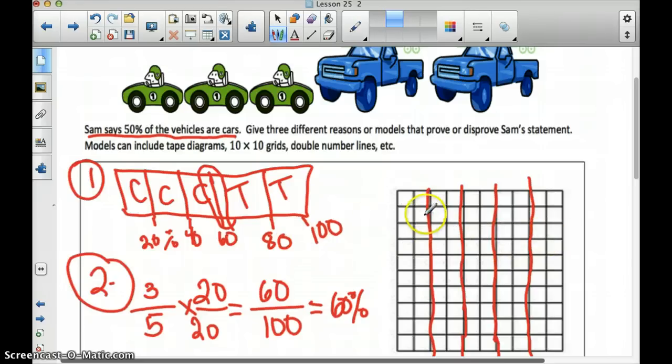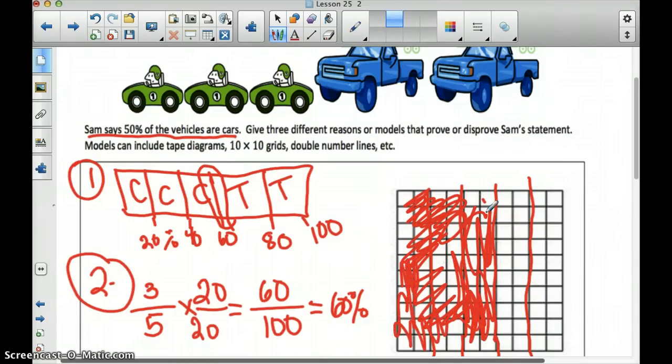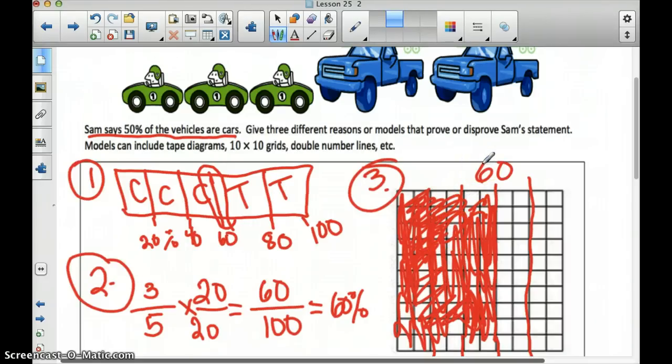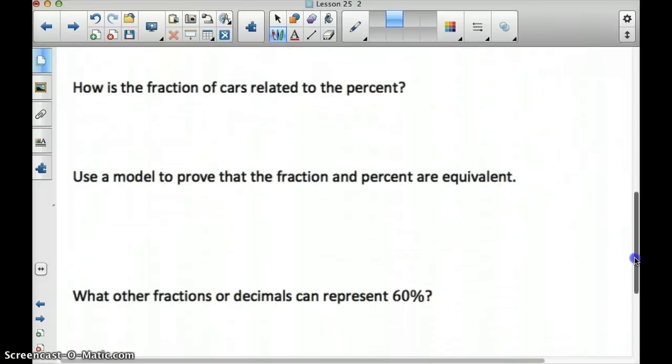And I know that the cars take up 3 of these bars. So now we are left, and clearly you can see that there's only 2 left for trucks, and cars are 60%. So Sam's wrong. So let me look back and give 3 reasons, or models, to disprove Sam's statement. Well, I've given 3. Let me finish out this question.